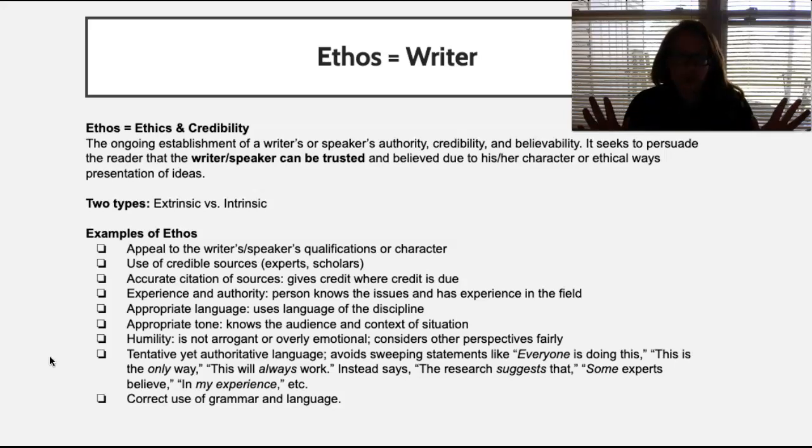Appeal or relying on a well-known brand, or a name, that kind of thing. If they are bringing in experts, like not bringing in a celebrity to sell your weight loss product, but bringing in a doctor or a nutritionist, using a dentist to sell a toothpaste, that kind of thing.